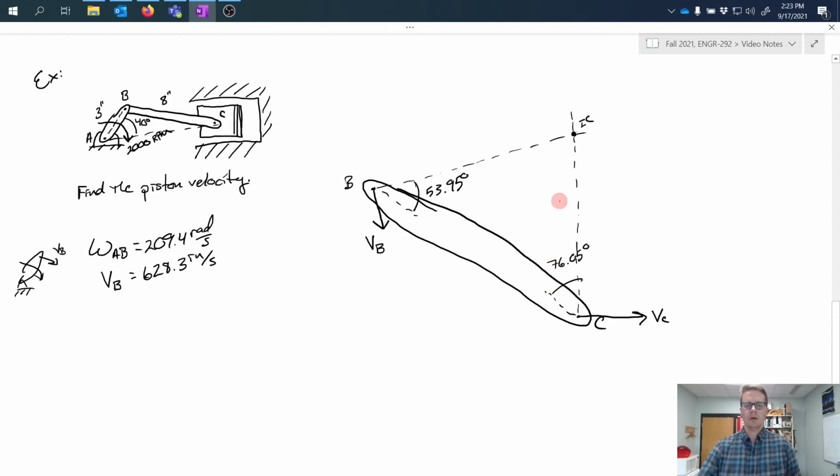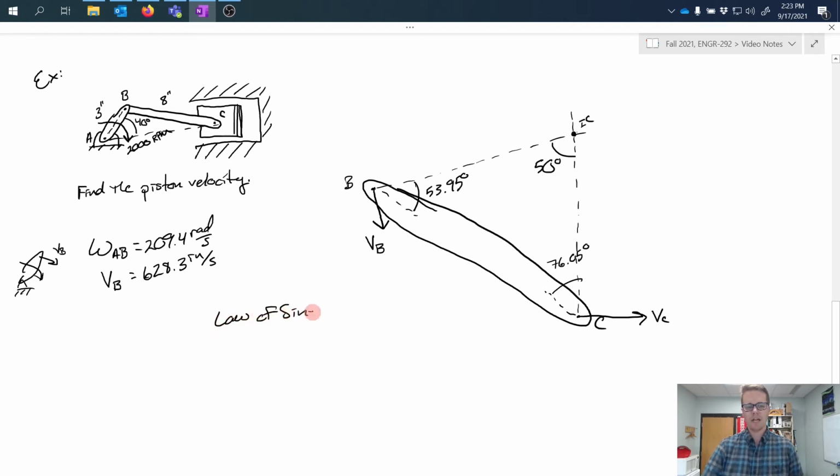So what we know then is that we have a triangle with these given angles, and we know the direction of our vectors, again based on our geometry from the problem setup, and we want to be able to solve for VC.